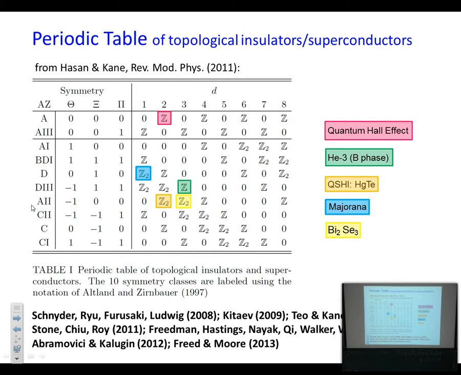This table, I would say, caused quite a stir in the condensed matter community. In any case, it's been shown in many talks and reproduced in many papers. Here I've taken the review by Hasan and Kane. What the table does is it unifies a number of things that were known in 2008.